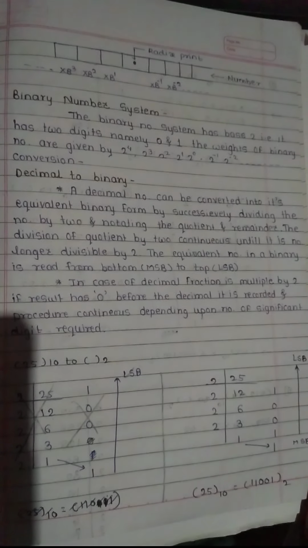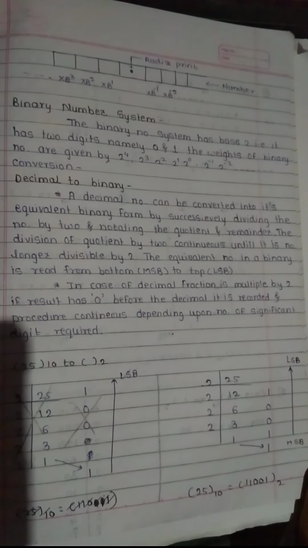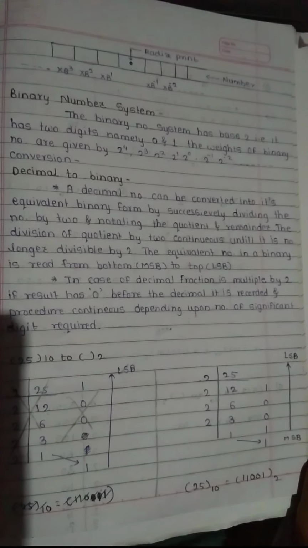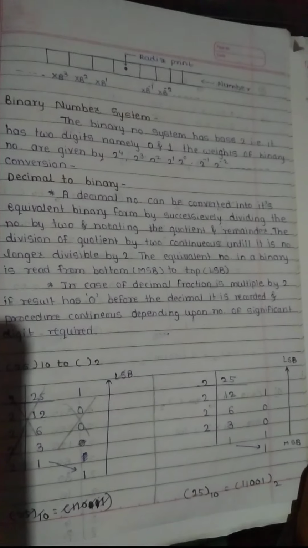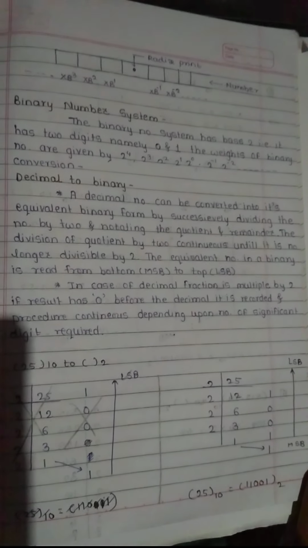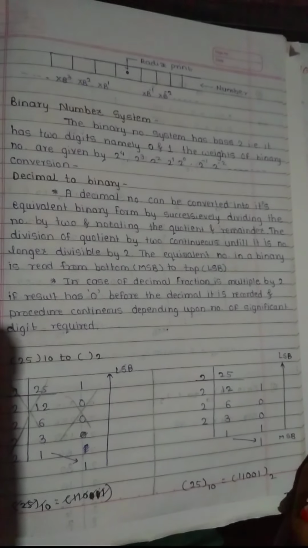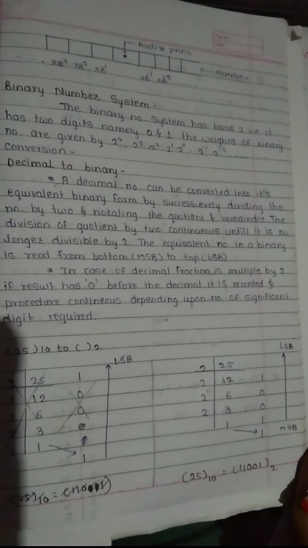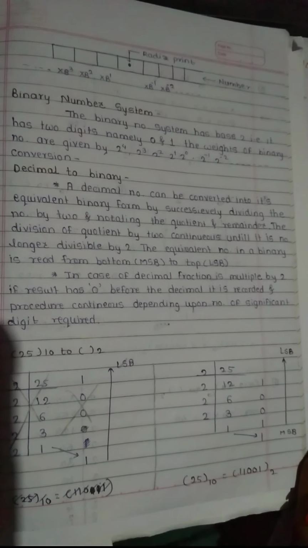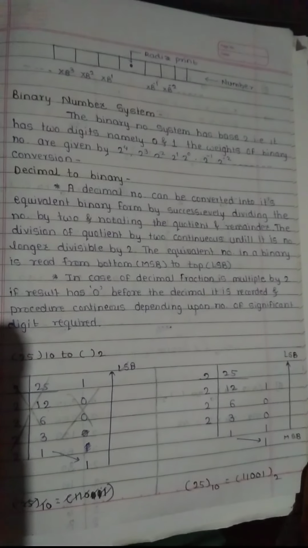The equivalent binary number is read from bottom to top, that is, MSB to LSB. In the case of a decimal fraction, the fraction is multiplied by 2. If the result has a 0 before the decimal point, it is noted, and the procedure continues depending upon the number of digits required.